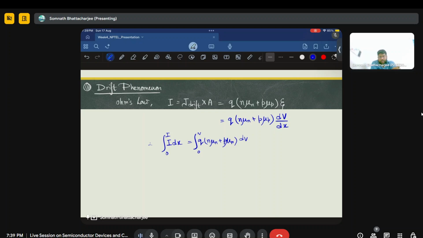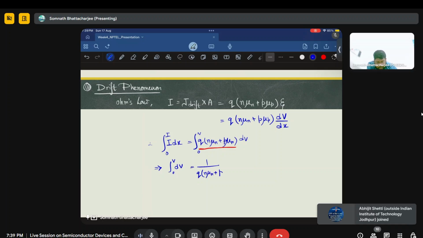We know that this term is completely constant with the change of x. So we can write it as the integral from 0 to V of dV, 1 divided by q times n mu n plus p mu p, multiplied with the value of I.